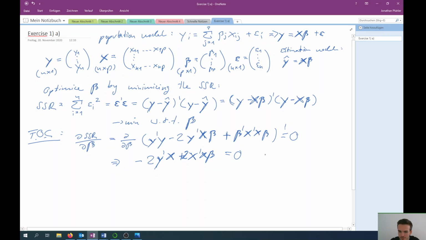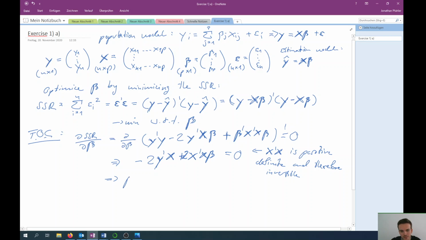So now, hope I didn't make a mistake, but we know that X transpose X is positive definite, and therefore invertible. So now we can take this term to the other side and then divide by 2 X transpose X.